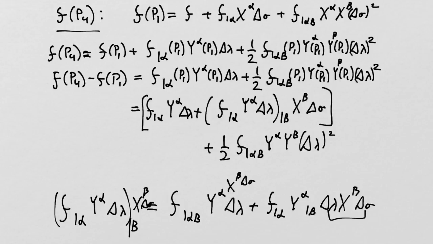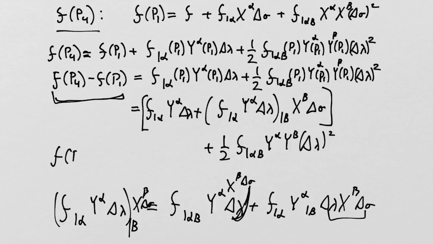So you have a product of two increments, which means these are both ultimately second order. So you'll keep those, but you'll throw out the rest. So anyway, we've constructed fp4 minus fp1.